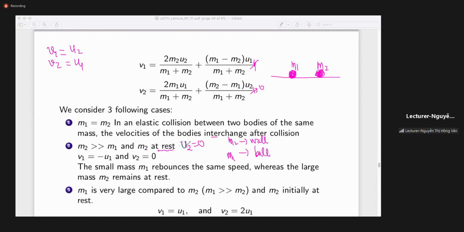In this case, U2 equals 0, so you don't have this term, U2. And also M2 is much greater than M1, so you calculate, for example, V1 is (M1 minus M2) U1 divided by (M1 plus M2).